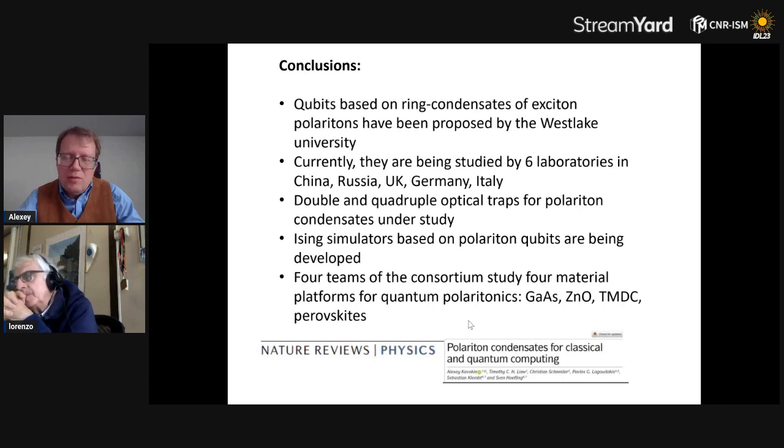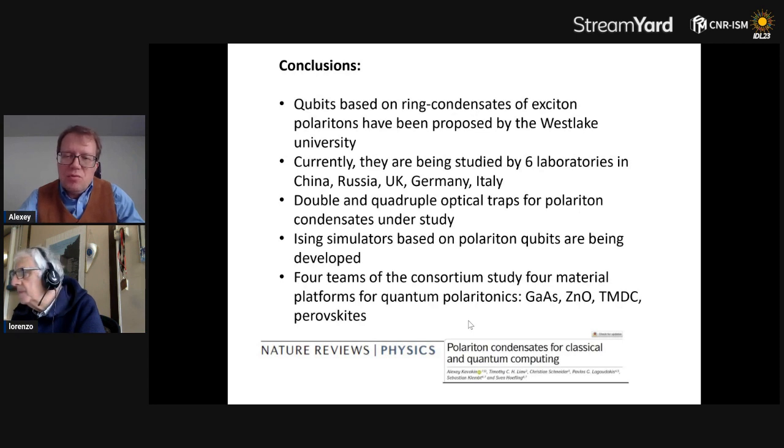Also in Italy, by the way, there is a very nice group in Lecce with Daniele Sanvito working on this topic, who study static polariton qubits and different realizations of them. So double and quadruple optical traps for polariton condensates are under study and being optimized. And as you saw here, Ising simulators based on polariton qubits are being developed.